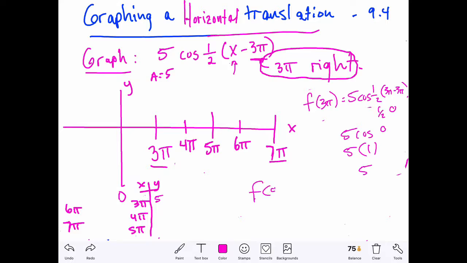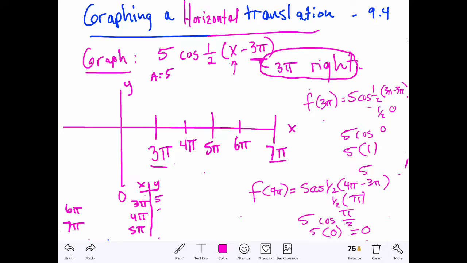Okay, f of 4 pi. 5 cosine of a half of 4 pi minus 3 pi. 4 pi minus 3 pi is pi. Multiplied by a half is pi halves. So what's the cosine of pi halves? Well, I think on my unit circle, pi halves, that's a 0 on x, 1 on y, but I just need the x because that's cosine. 0 times 5 is 0.